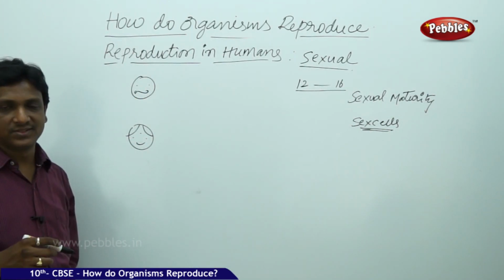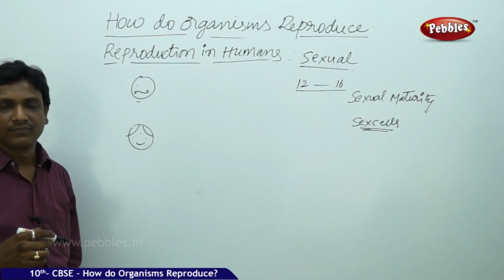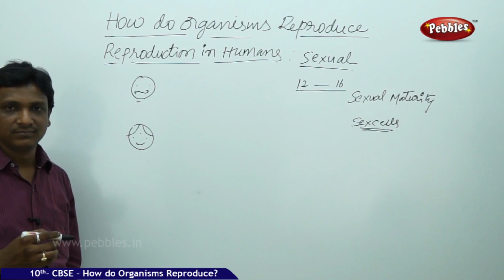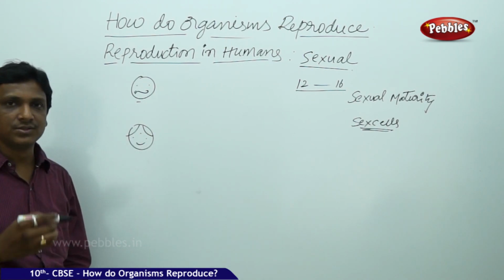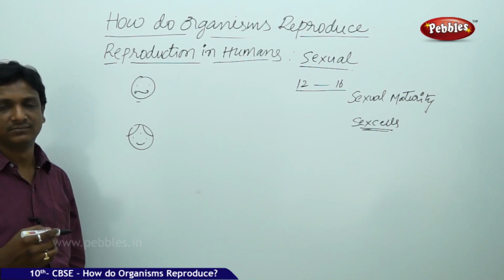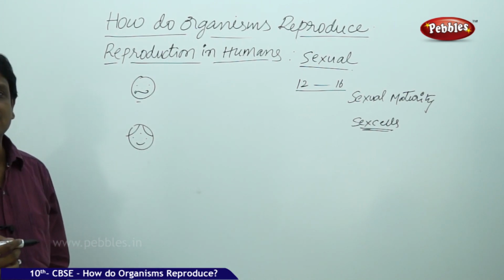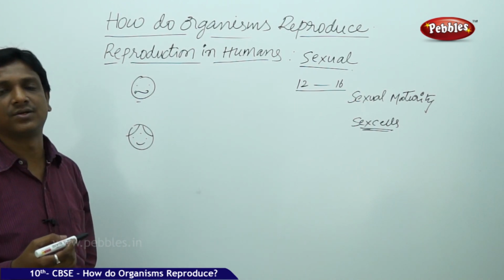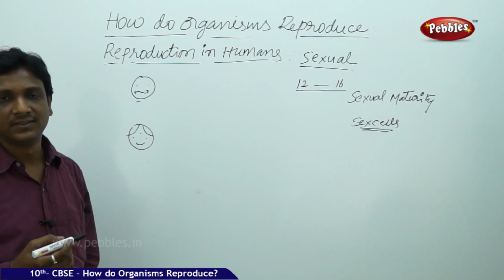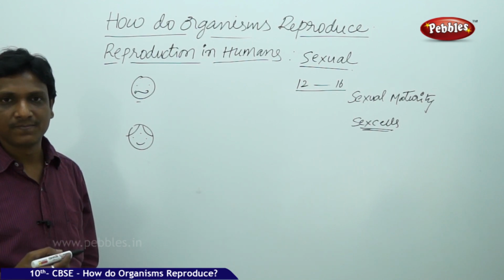When it happens, the boy and the girl need to have some age, at a specific age. As I told you, it is not exactly the same for all children. If you see the girls, the sexual maturation process may start at 11, 12 or 13 years. So it initiates. How is it initiated? By hormones.